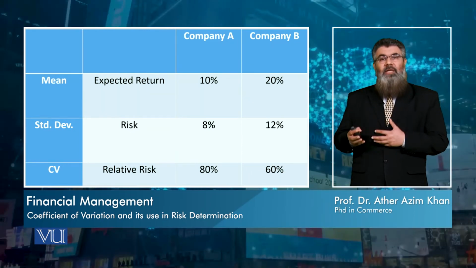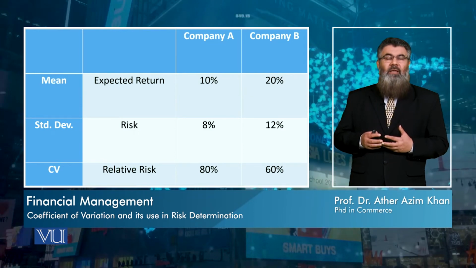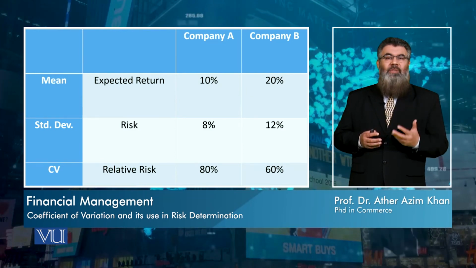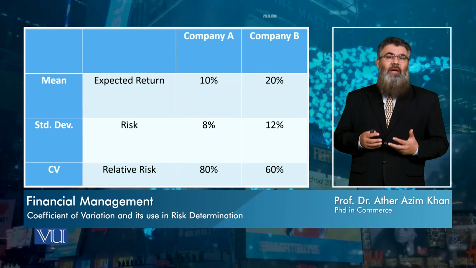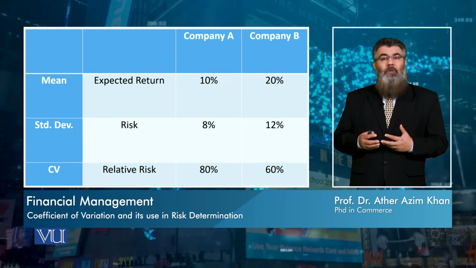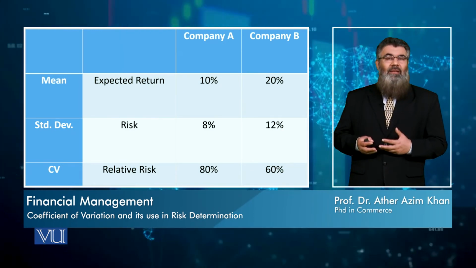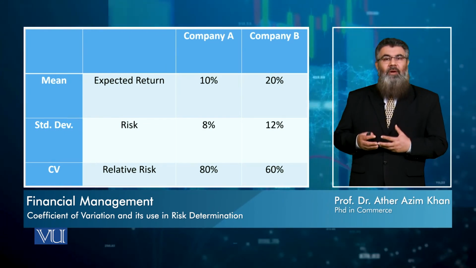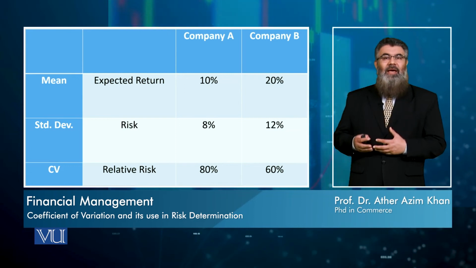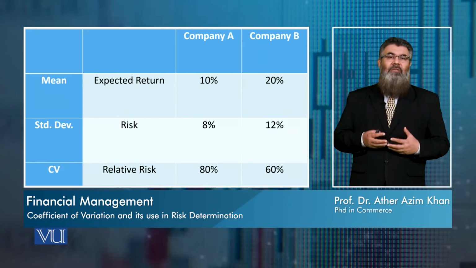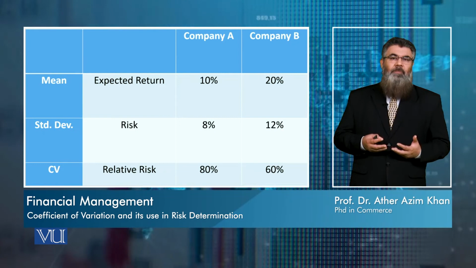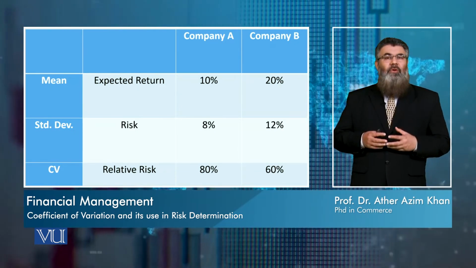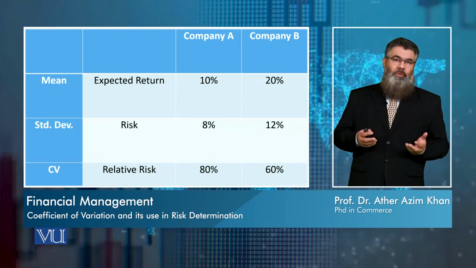And when we do the same calculations for company B, that is divide 12% by 20% or 12 by 20, we get an answer equal to 60%. यानी कंपनी बी का रिस्क उसके रिटर्न के मुकाबले में 60% है और कंपनी ए का रिस्क उसके रिटर्न के मुकाबले में 80% है. So from here, what do we conclude?